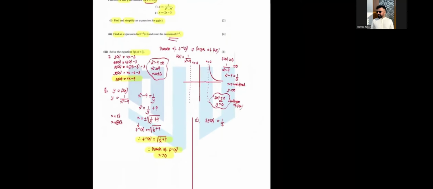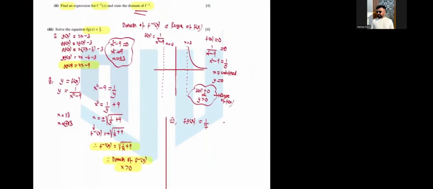First of all, as we can see, the f(x) function is 1 divided by x squared minus 9. Now we need to make a composite function and solve this equation. So f(g(x)) would be something like this: the input of the f(x) function is now the g(x) function itself.